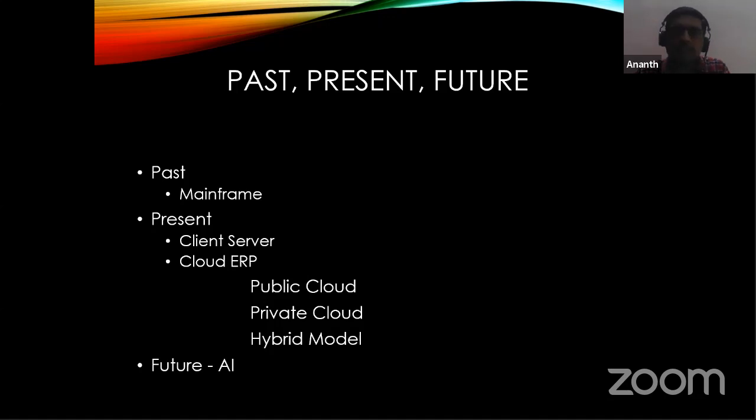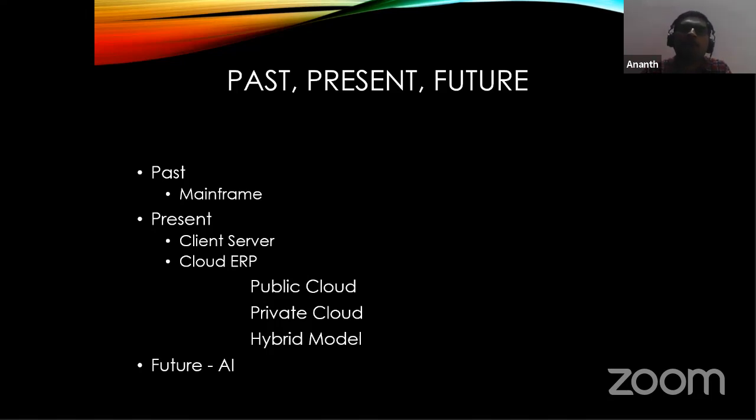This is why Salesforce, Workday, and all these things have clicked. They said, we have a separate product. We are masters of HR. Workday is a master of HR, and Salesforce is a master of CRM. So you can take our product and integrate it with your client server systems for other functional areas. That's how this hybrid model picked up. People who are not willing, or deferred their plans, are on the hybrid model.